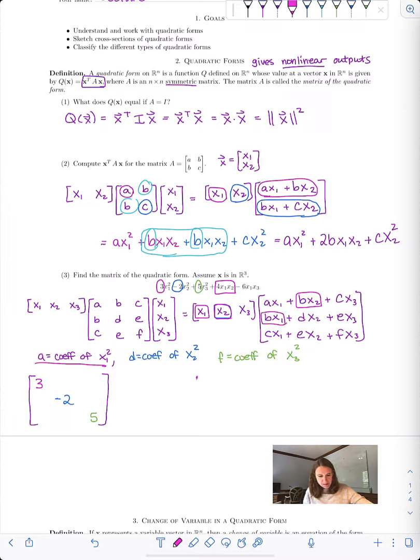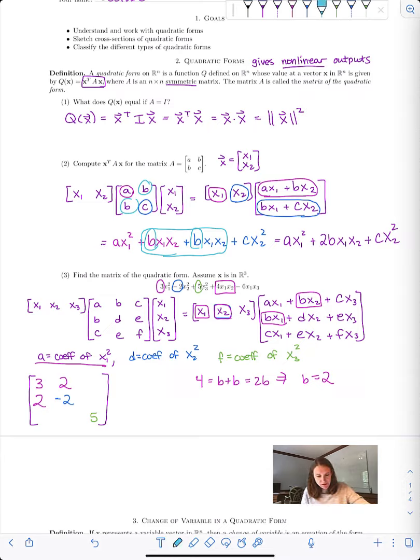And so that tells us that the coefficient of x1, x2 equals 2 times b. So when we simplify that, that tells us that b equals 2. So that helps us fill in our next spot.